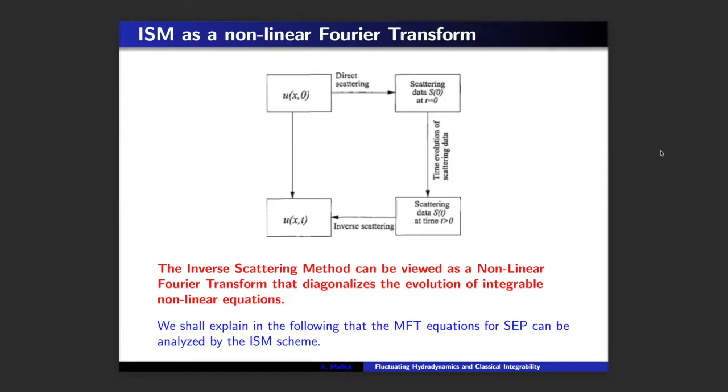We have the initial condition, we analyze it in the Fourier basis or in the harmonic oscillator basis for Schrödinger. We evolve each eigenstate with exponential e^{iEt}, and then we reconstruct the wave function at a given time. So it's really the same kind of scheme, but a bit harder, of course, and nonlinear.